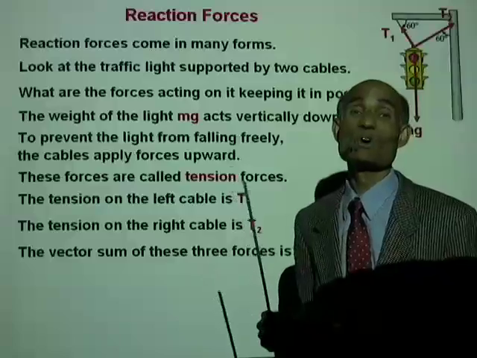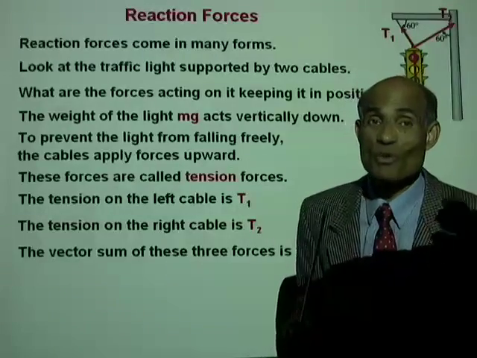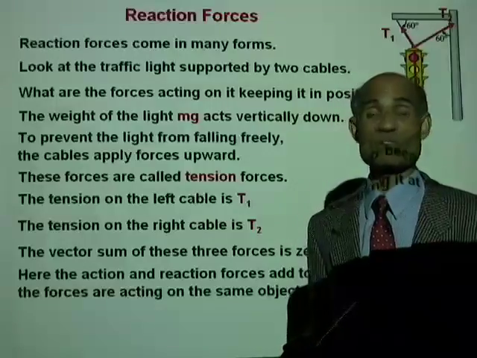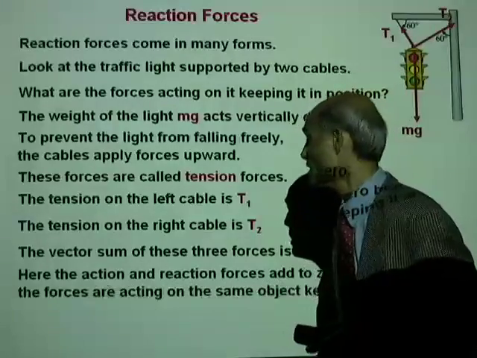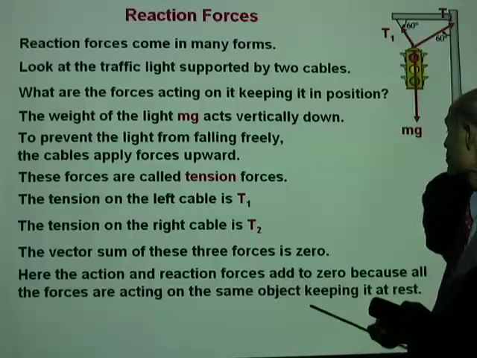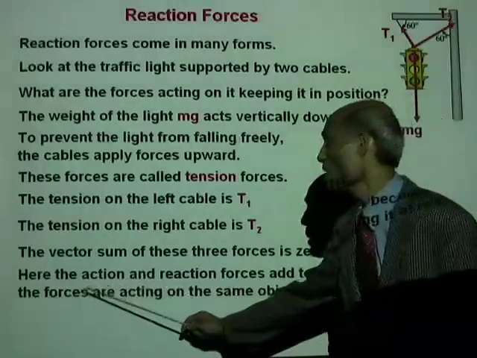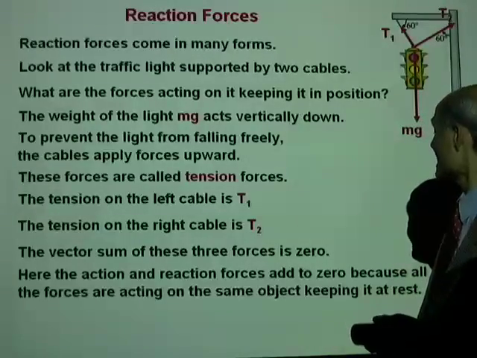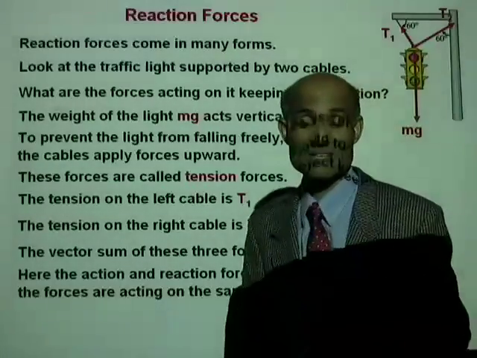You can see here, we will be using the rules for vector addition to do these kind of things in problem solving. Now here, the action and reaction forces add to give you 0 because forces are acting on the same object, keeping at rest.